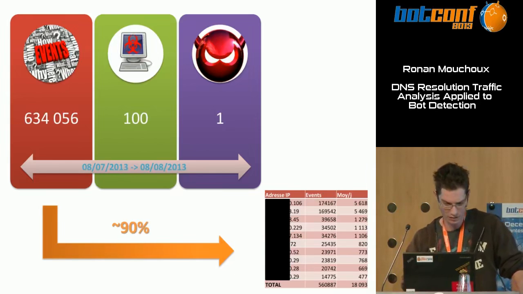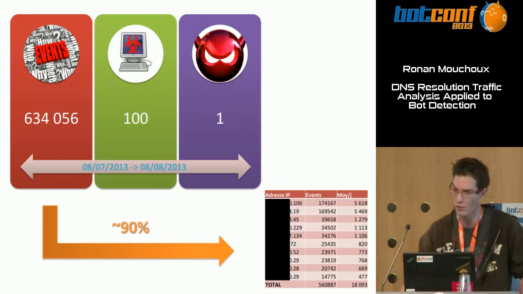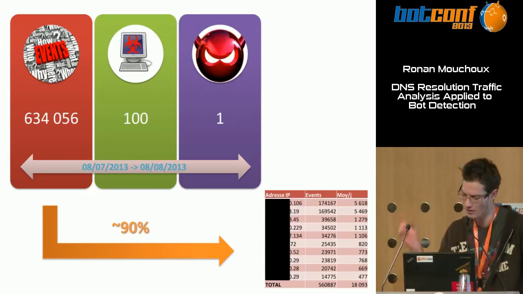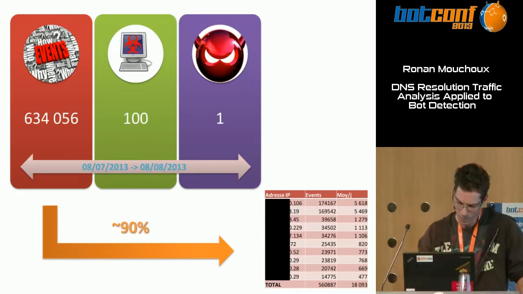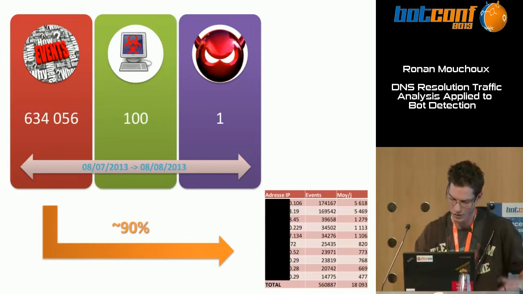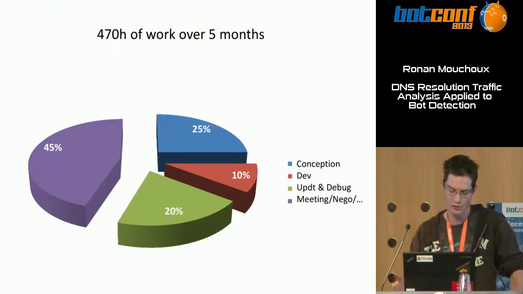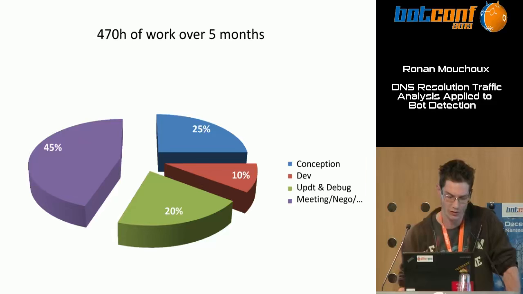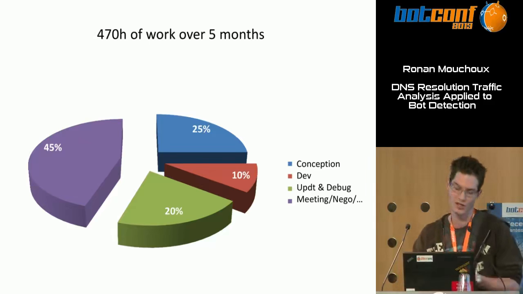And it was interesting to see that among all these events, 90% were produced by only 10 machines. So those were the ones we had to deploy the more quickly. And just for information, it took about 500 hours of work, and about half was spent in meetings, negotiation, etc.